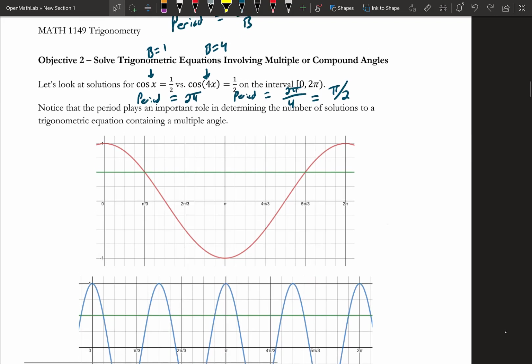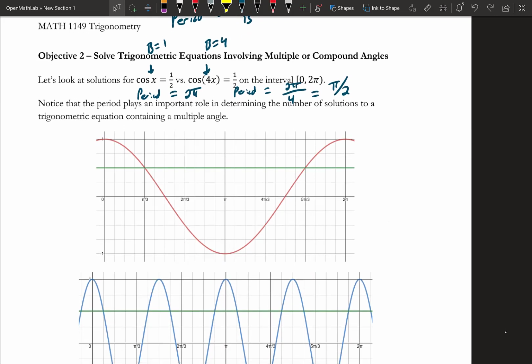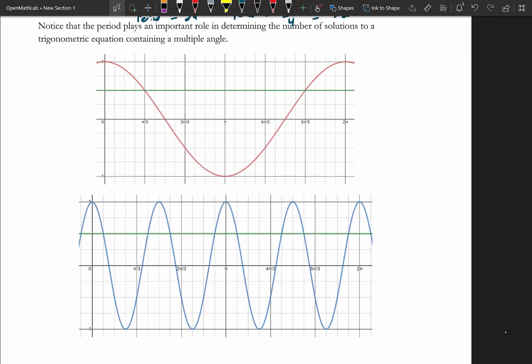So for cosine of 4x versus cosine of x, that's going to smush the graph inward, kind of like an accordion. In other words, the period's shorter, so it's going to repeat itself more frequently in the same span of x values.